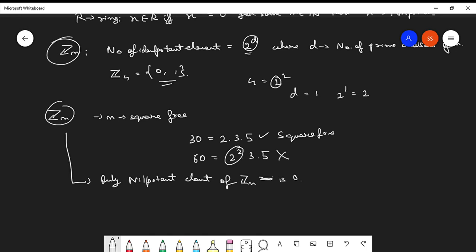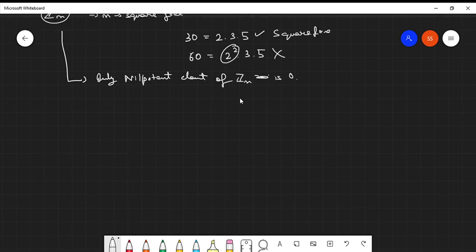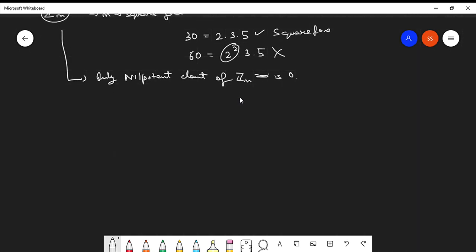Acha, this much is clear, I guess. Acha, what can be the idempotent elements of an integral domain? The idempotent elements of an integral domain are 0 and 1.